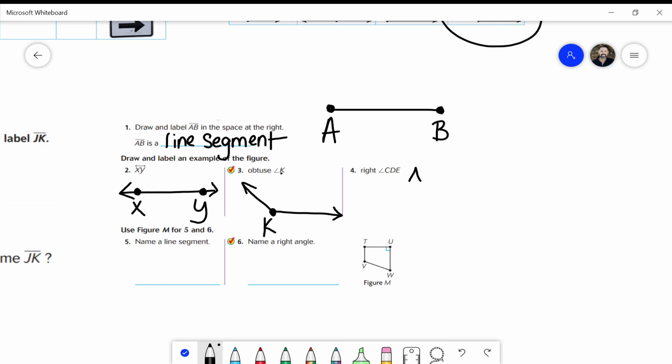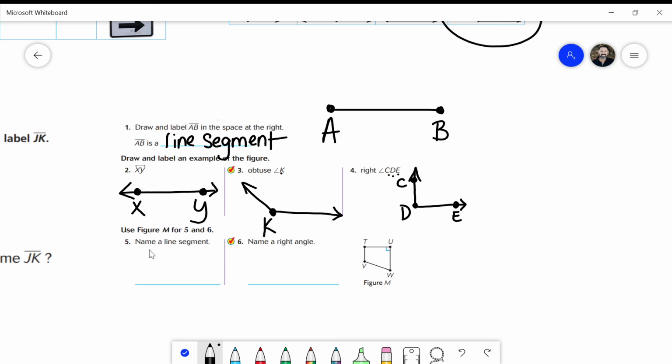I have a ray with a point and then another ray, and it looks like the corner of a square. I have three points in total. The first letter is up on the top, C. The second one is the most important one. That has to be the vertex. And then the third one can go off on the side here. So we have right angle CDE.